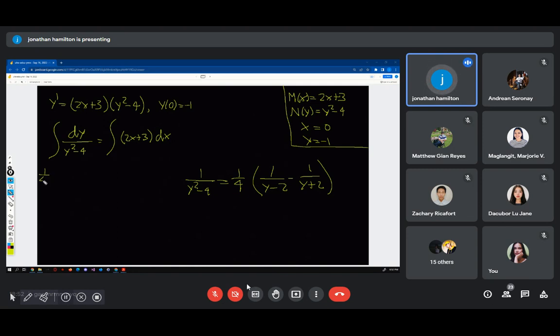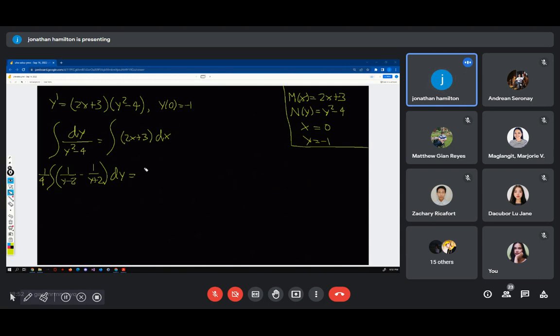We could say this is 1/4 integral of 1 over y minus 2 minus 1 over y plus 2 dy is equal to, something siya i-erase na yun.